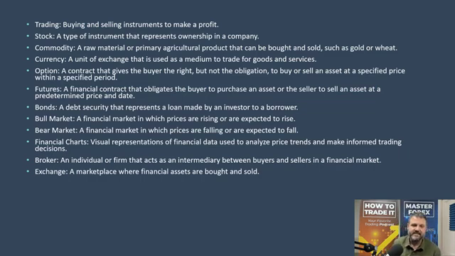And then lastly is an exchange, where financial assets are bought and sold. It's just like the New York Stock Exchange. Coinbase is a crypto exchange. We have the Chicago Options Exchange. There are all of these different exchanges where traders go to make purchases.